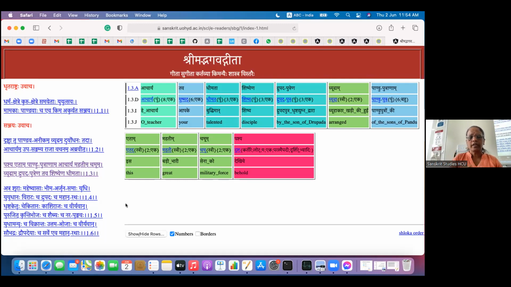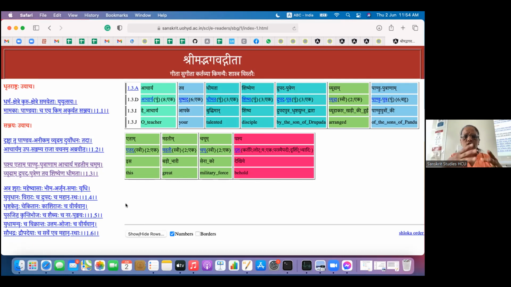So what we do is, machine helps us by providing all possible analyses, and then a human being selects the one which is appropriate in the given context, and then that analysis we store.